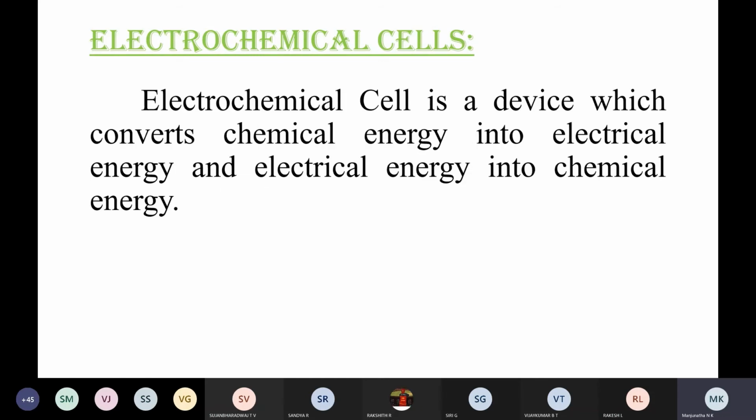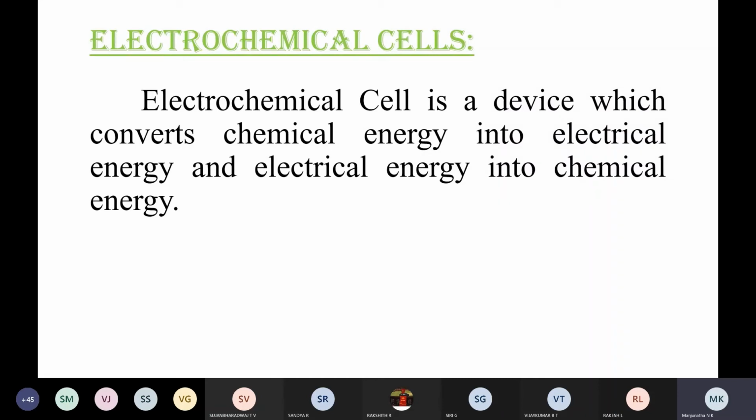They are defined as devices which convert chemical energy into electrical energy and electrical energy into chemical energy. Whatever devices have the ability to do this are called electrochemical cells.